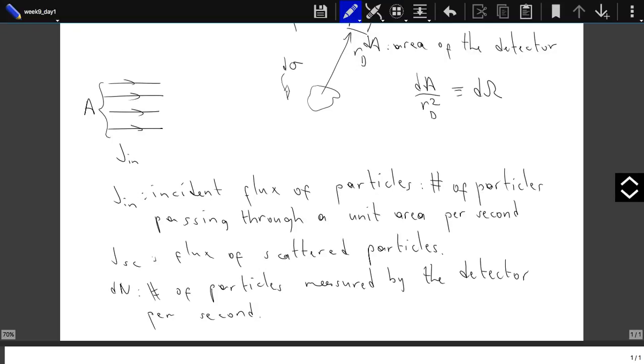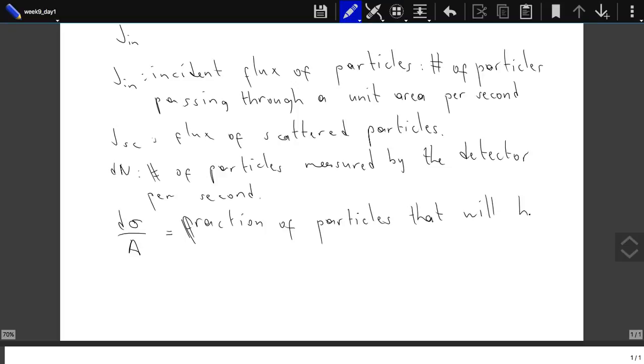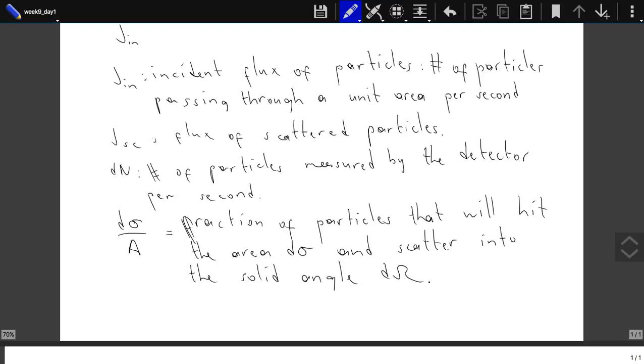D sigma over A. This is the fraction of particles that will hit the area d sigma and scatter into the solid angle d omega.